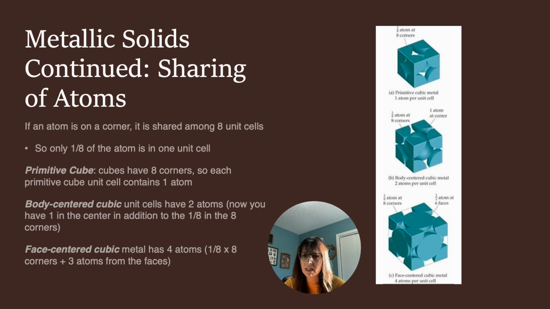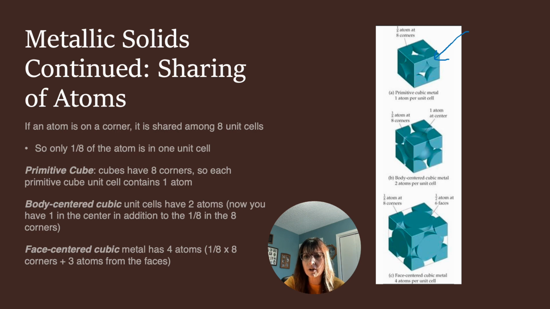So this is where it starts to get kind of complicated. There is sharing of atoms going on between unit cells. And if an atom is on a corner, it's actually going to be shared among 8 different unit cells. And I don't know if you can see it here. I'm not the best at visualizing, but that right there is just 1/8 of an atom.